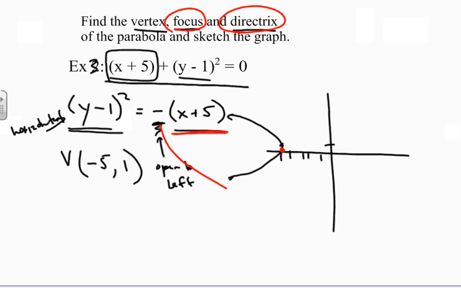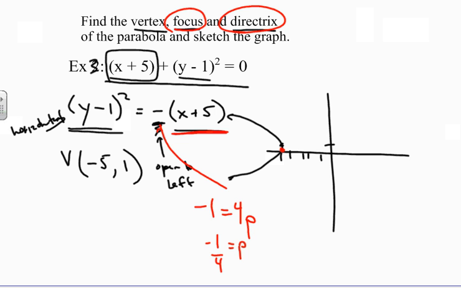So this -1 actually equals 4p. Since that has to equal 4p, and that's for all coefficients, we know that p is going to equal -1/4.